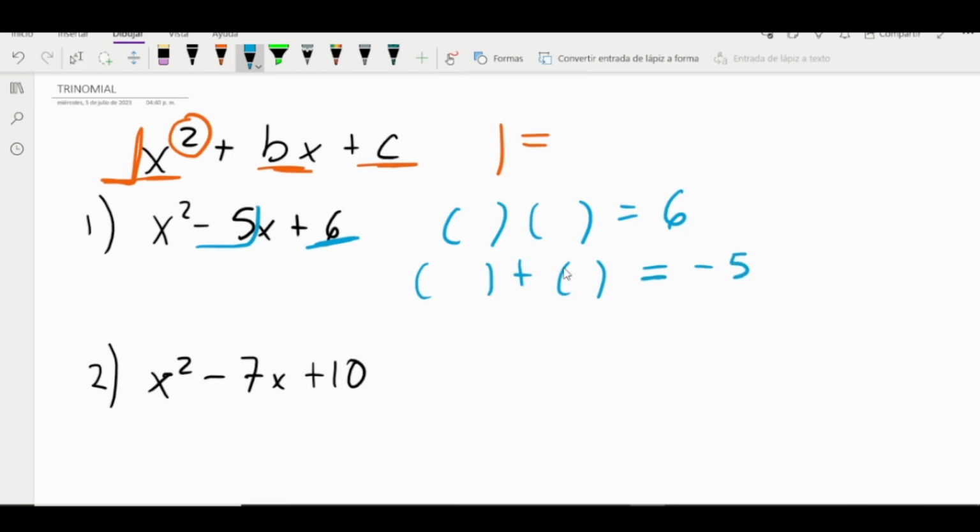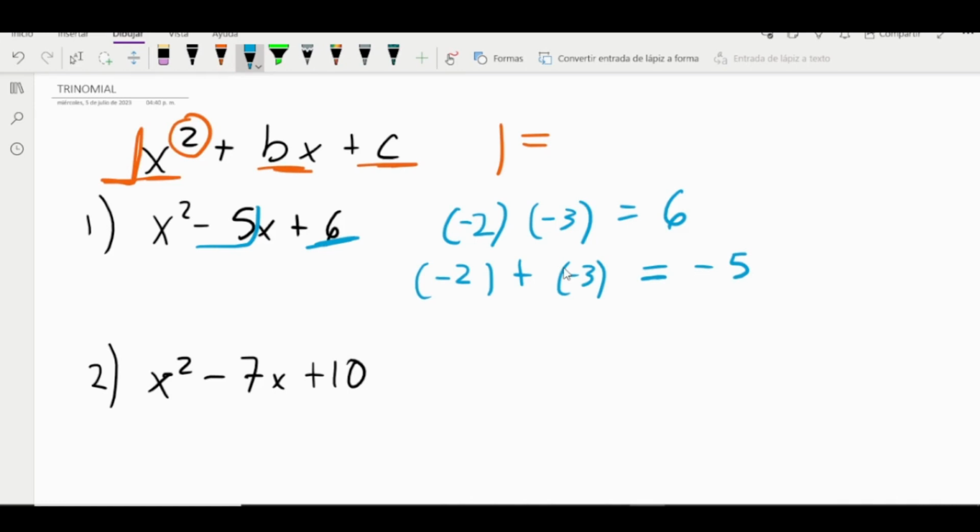So let's think about which numbers multiply to 6 and add to minus 5. It could be minus 2 and minus 3, because minus times minus is positive, and 2 times 3 is 6. And when we add minus 2 and minus 3, because we have the same sign, we get minus 5.